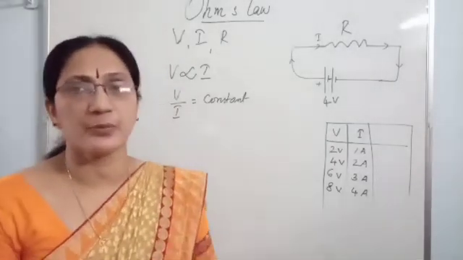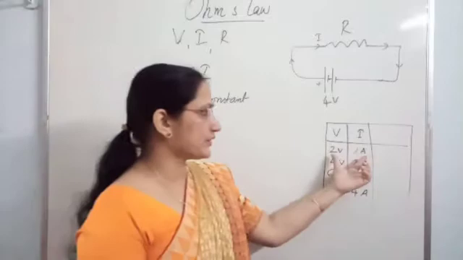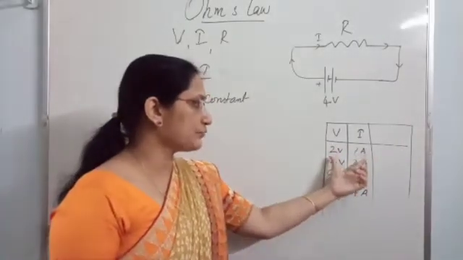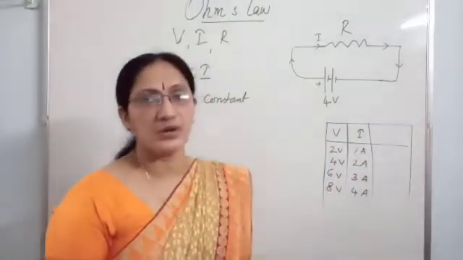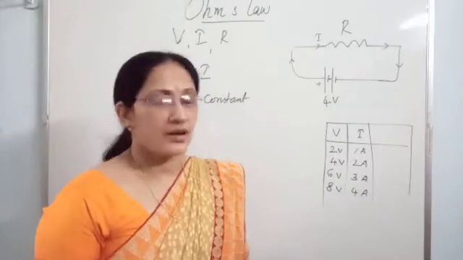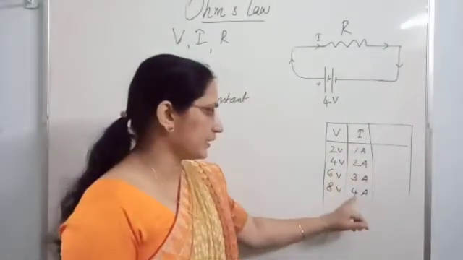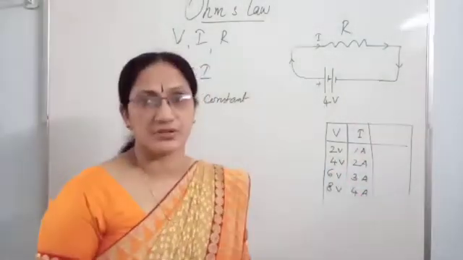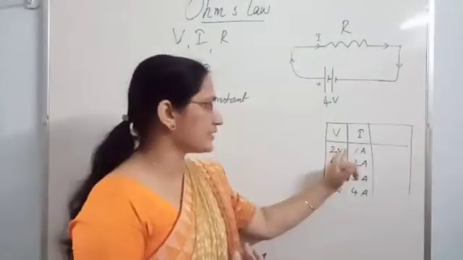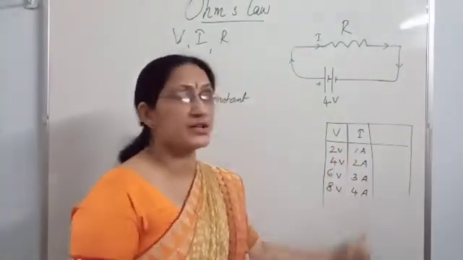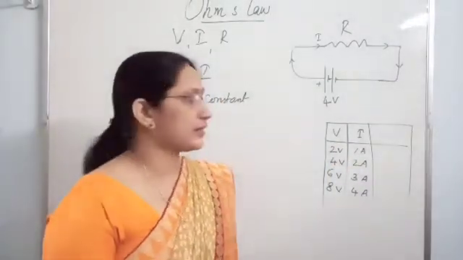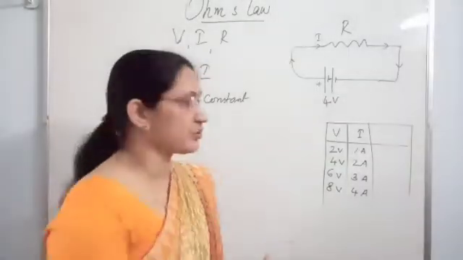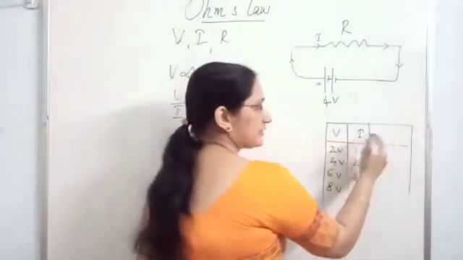How to find out the proportionality constant? Look at the tabular column. Here 4 sets of V and I values I have written, and you could see from the readings that they are directly proportional. When V increases, I also proportionally increases. Then to find out the proportionality constant, you have to divide V by I.